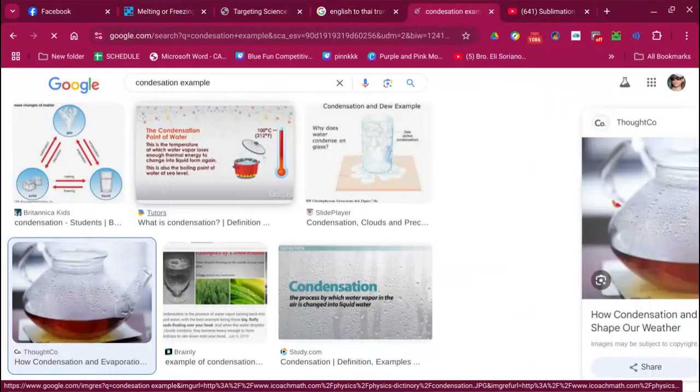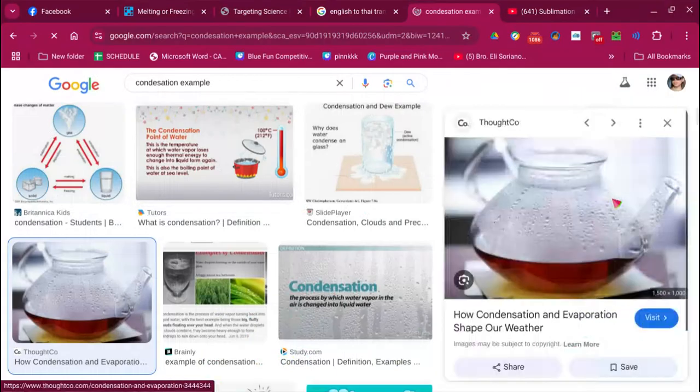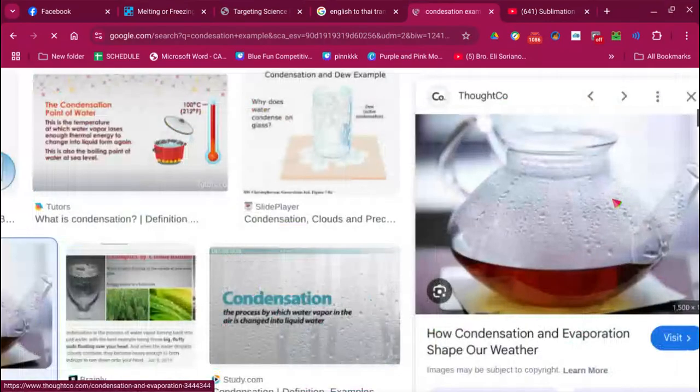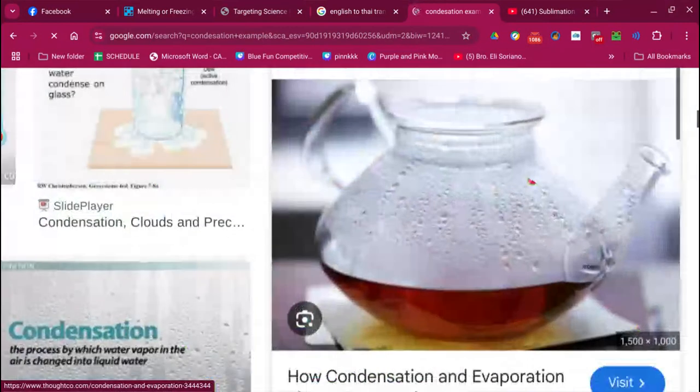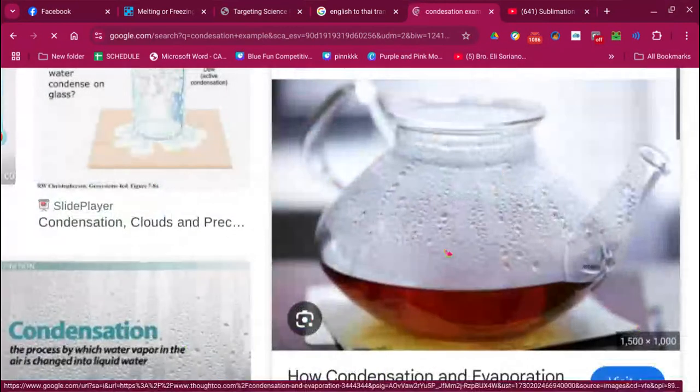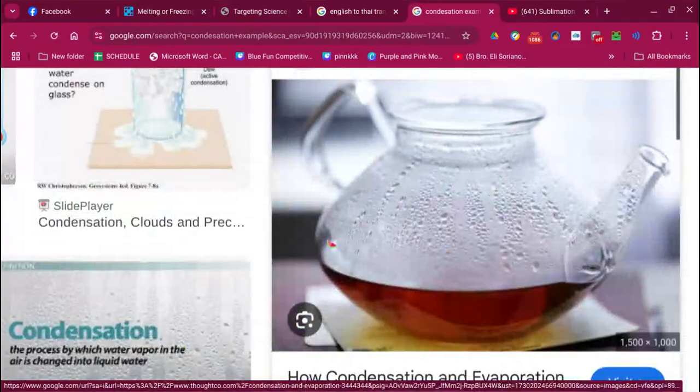Yeah, this one. Can you see it? Yes, these small water droplets. So that is called condensation.